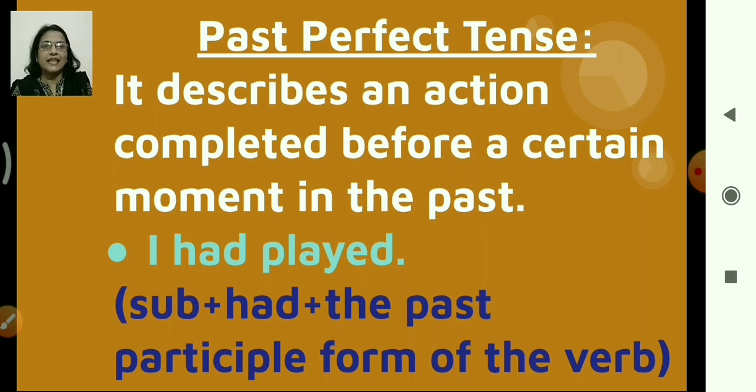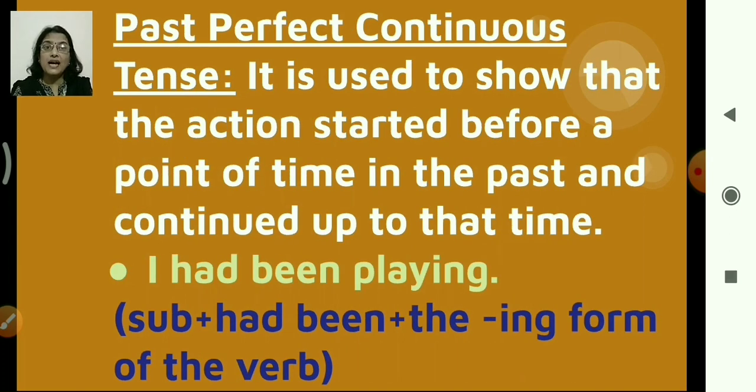Next, past perfect continuous tense. Again it is used to show that the action started before a point of time in the past and continued up to that time. That means you were playing, and you had been playing. It is a past tense.